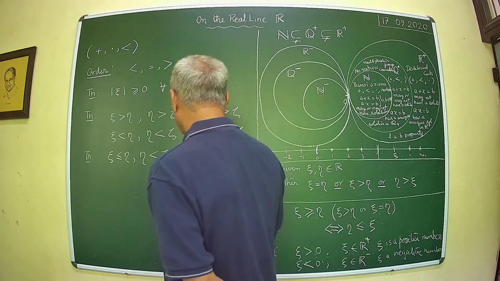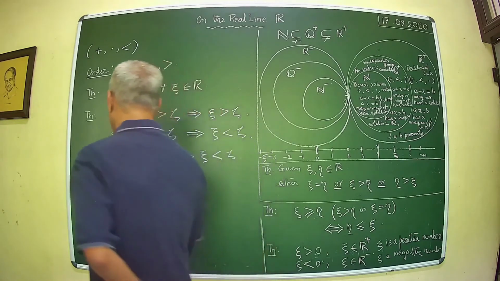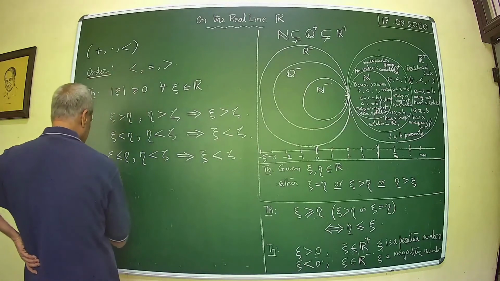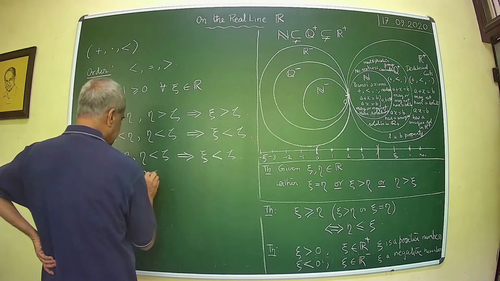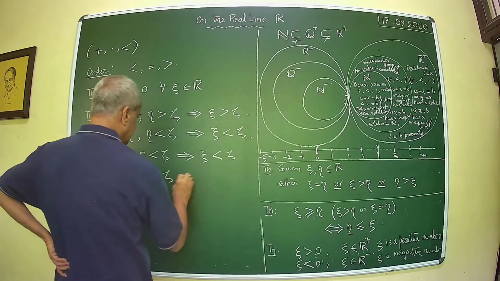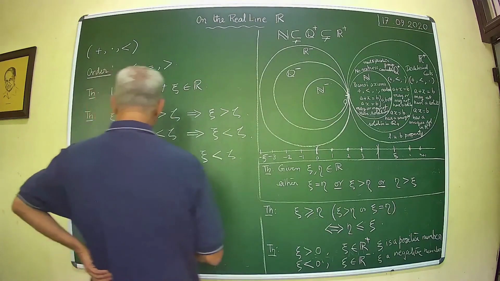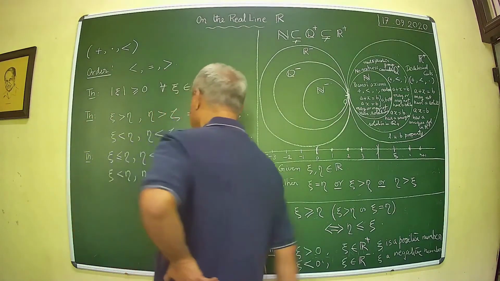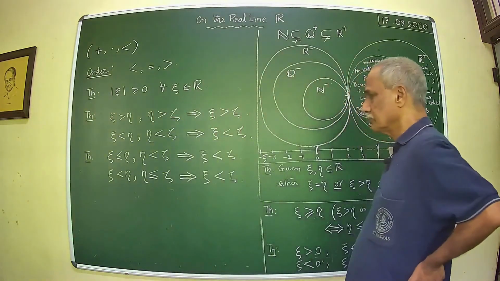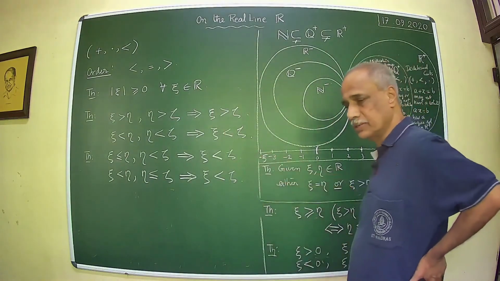This is strict inequality that you have. Or psi less than eta and eta is less than or equal to zeta. This also implies the same. Okay. So these are the properties that you can prove.